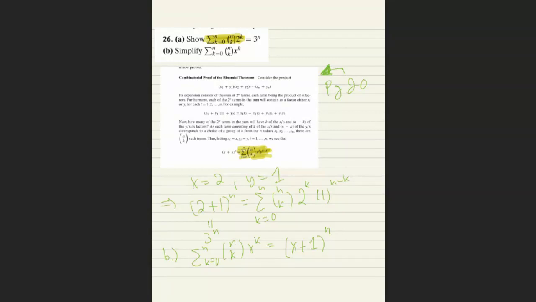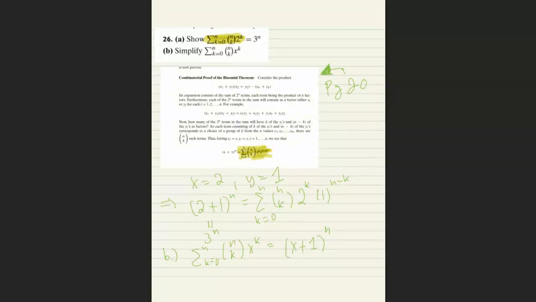So to get 3 to the n, we substitute x is equal to 2 and y is equal to 1. Then we get 2 plus 1 to the nth power, which simplifies to 3 to the n. And part B is the general form of that problem, where we have x to the k, and for the general form, we just have x plus 1 to the n.